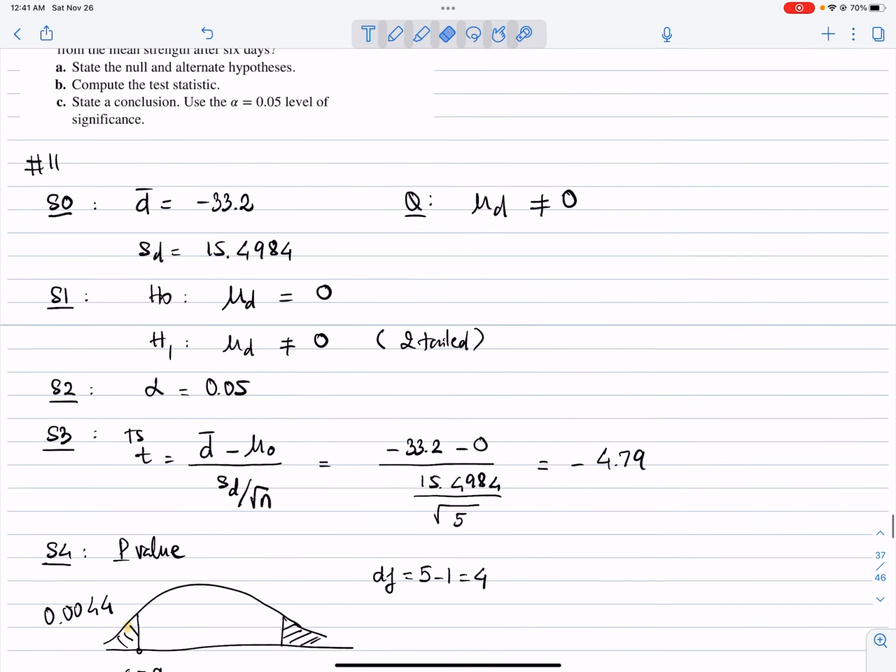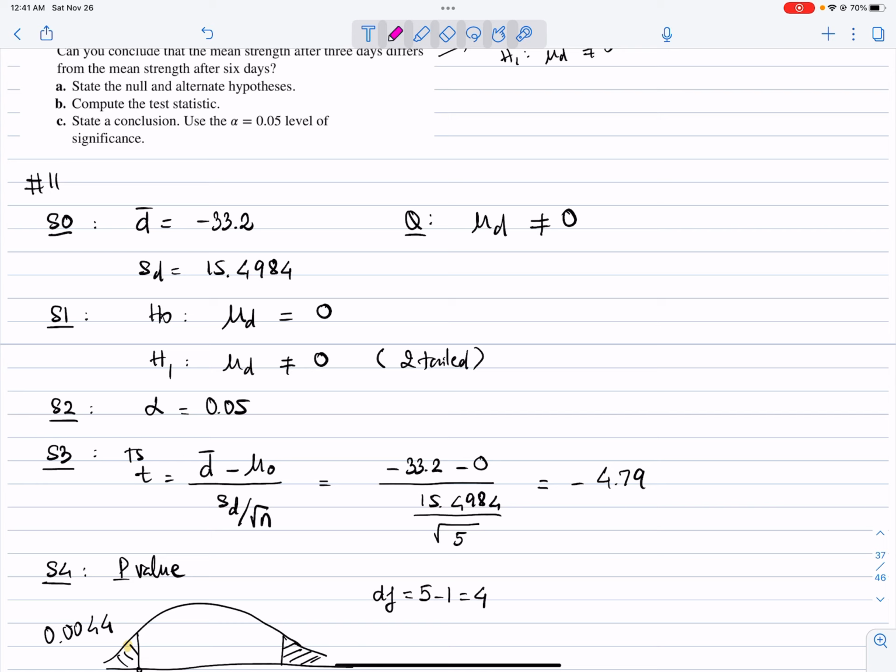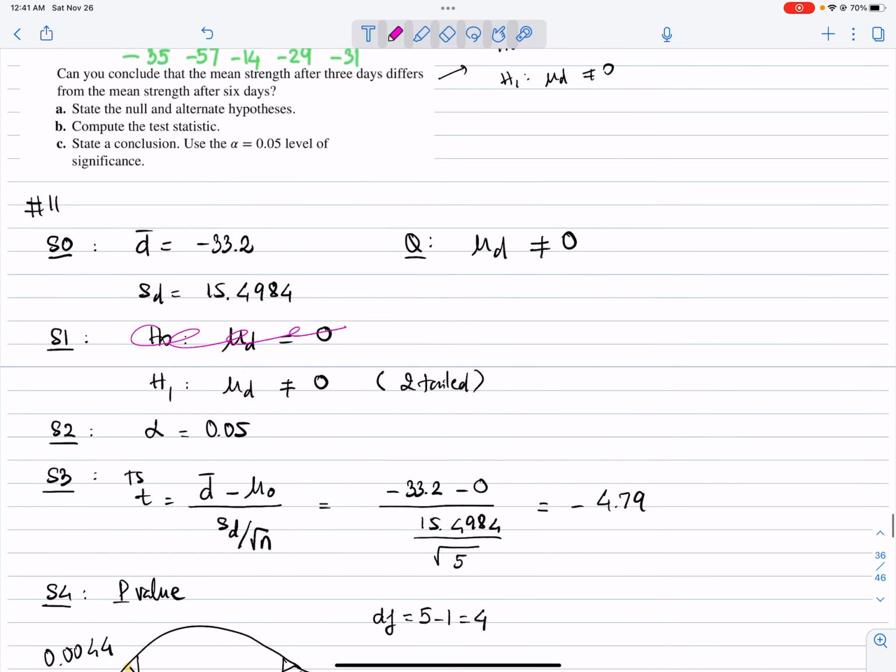Now let's go back. If we reject the null, the null is gone, so we only have the alternative left. Mu d equal to 0 means the difference is 0, so there's no difference, meaning the same. And mu d not equal to 0 means different. So we only have the case that 6 days and 3 days are different.